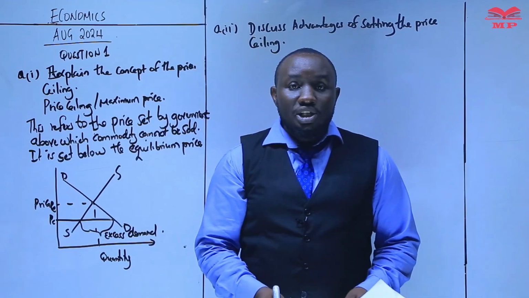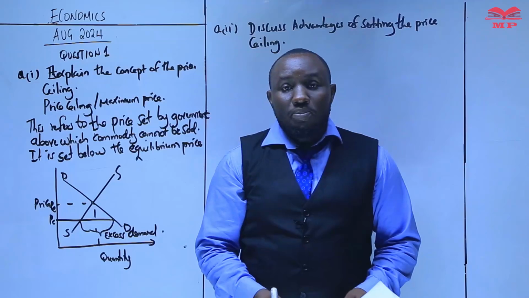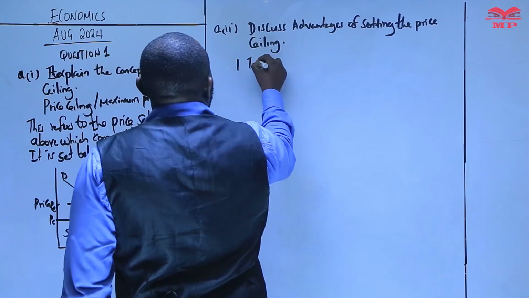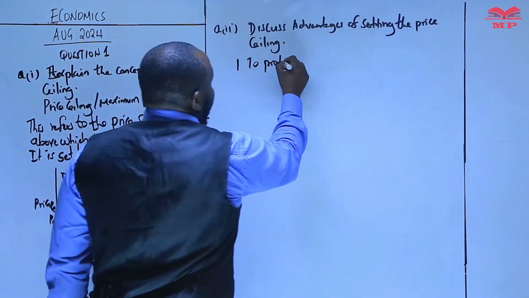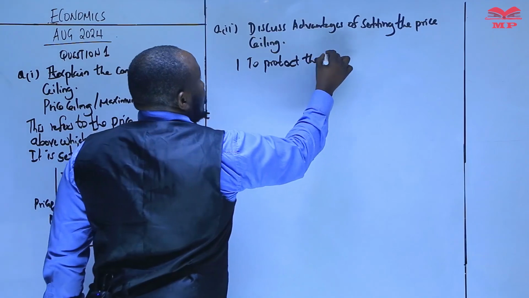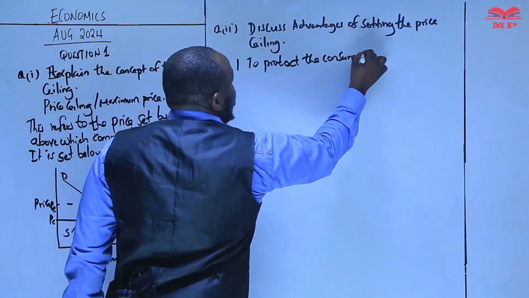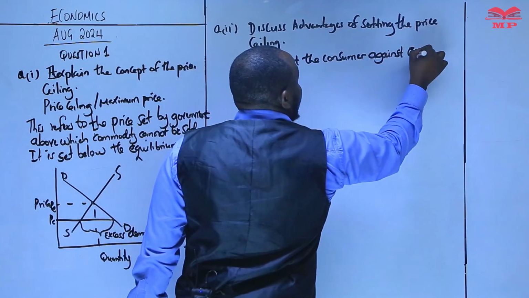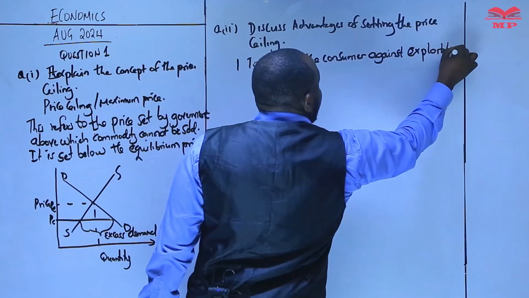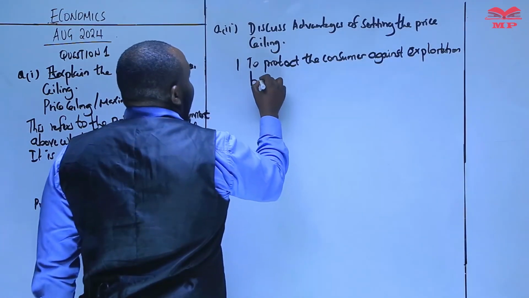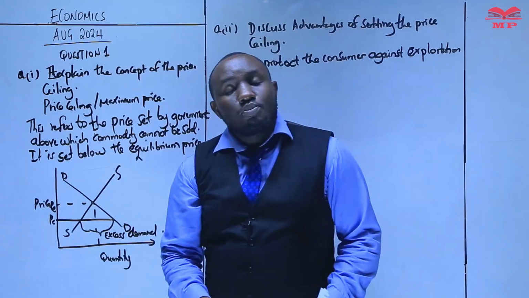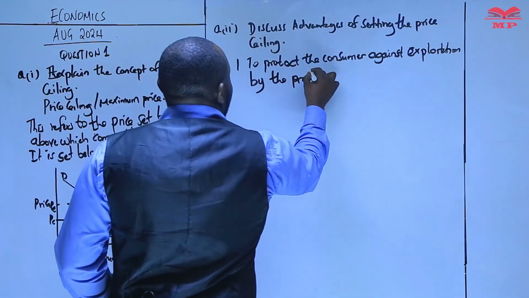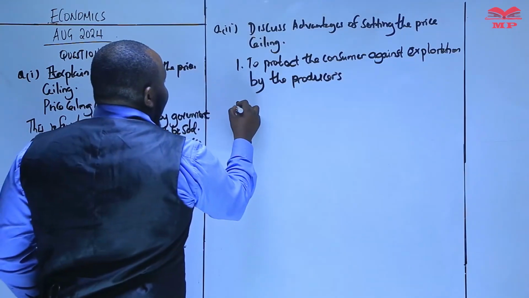So one of the advantages of setting a price ceiling is to protect the consumer against exploitation by the producers. That is the first advantage.